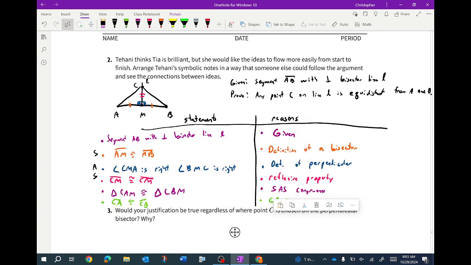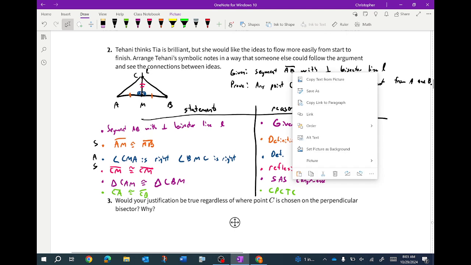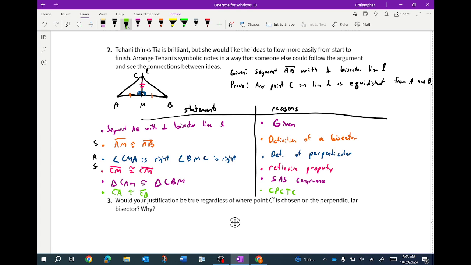So question 3. Would your justification be true regardless of where point C is chosen? No, it doesn't matter. I could put C up higher or underneath or anywhere on the picture. This proof will work out the same.